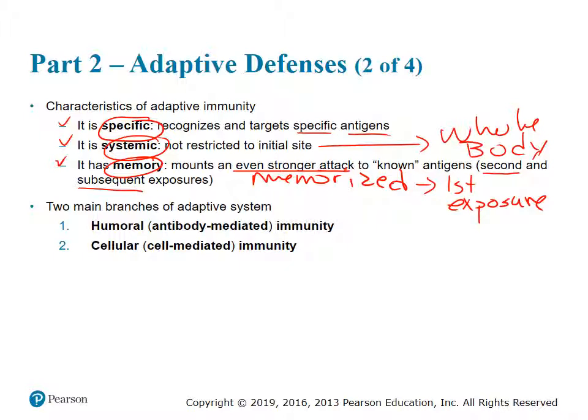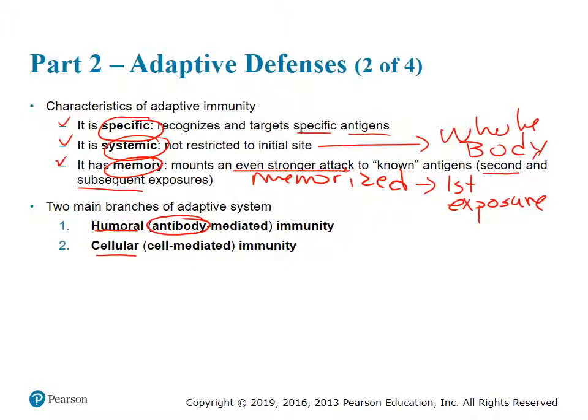Okay, so when we talk about the adaptive immune system, there's actually two branches, right? Number one is the humoral, and the second one is the cellular. And humoral, you always think of antibodies. The humoral part of the adaptive immune system is when we synthesize and create antibodies, and those antibodies go to work with a particular type of foreign invader.